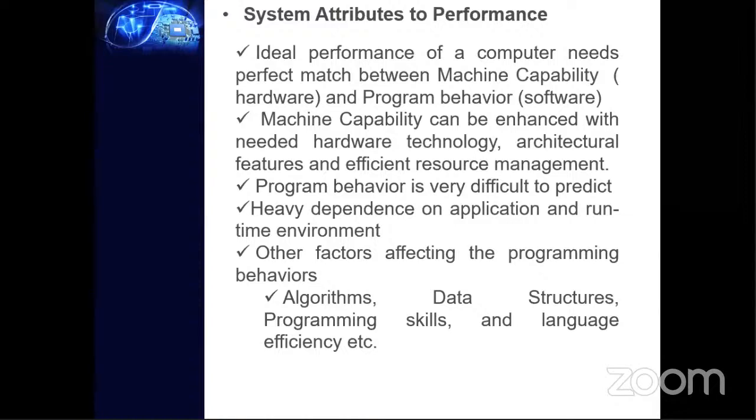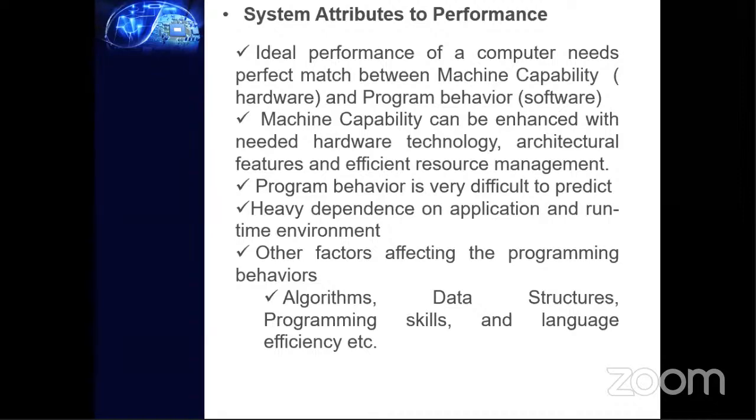So under the new topic, system attributes to performance, we identify two important points. What about that? The ideal performance, once again I'm saying, the maximal performance of a computer, needs a perfect match between the machine capability and program behavior.